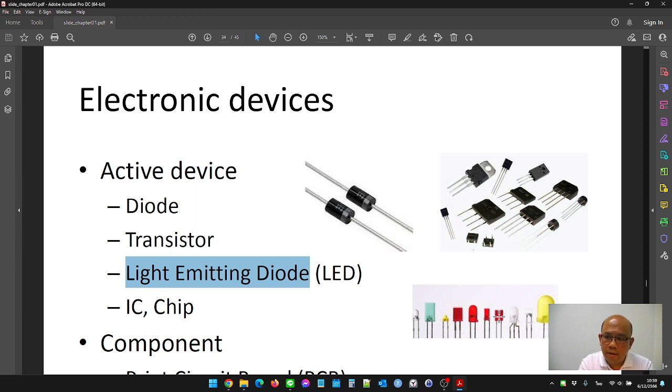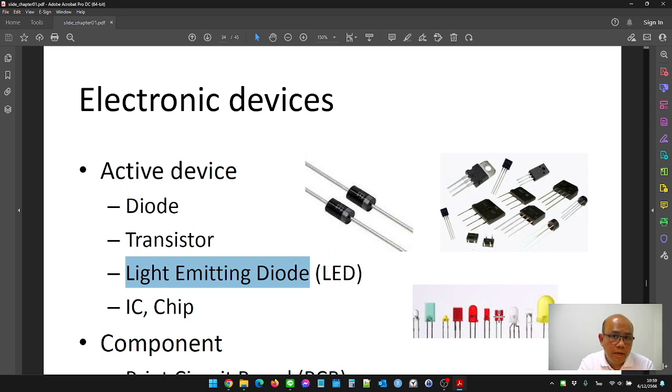Later, I think professors from Japan invented the blue LED, and after that they received the Nobel Prize for the invention of the blue LED.